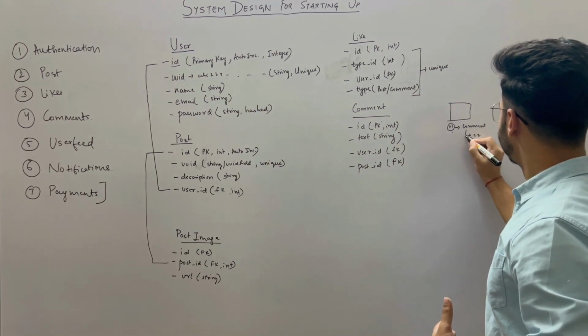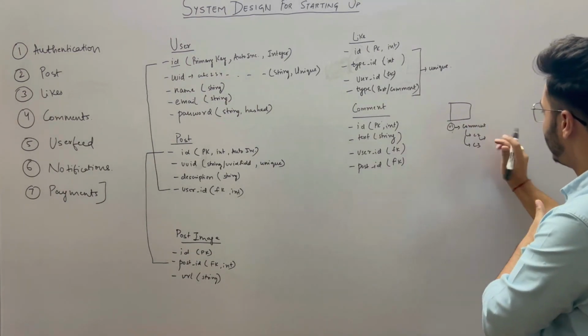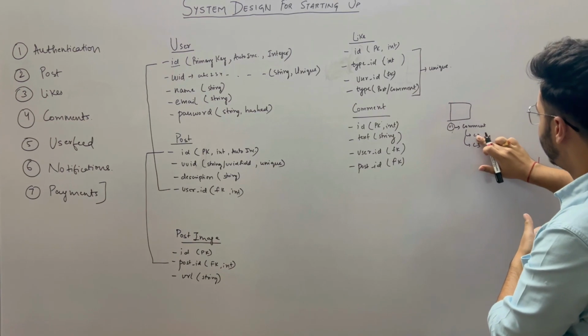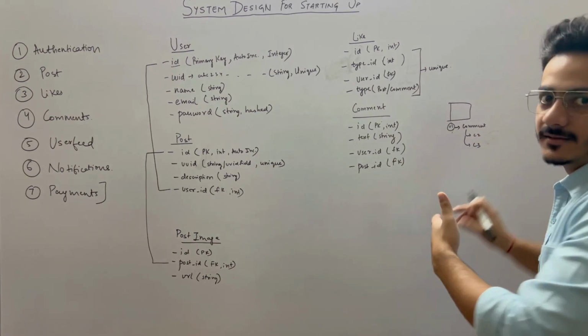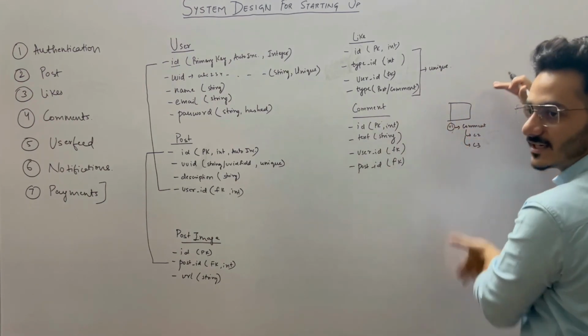So C2 and C3, we will not allow comments again like here. We will not allow this. We will only allow single nesting. Of course you can add that also, but we will focus on single nesting structure right now.